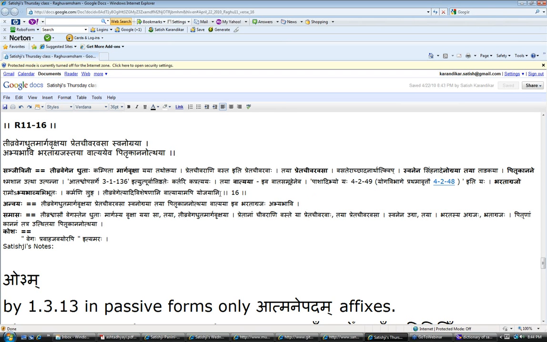So this says yojjani, it's also a typo. So these adjectives, this tivra vega, etc., should be connected also with the vatyaya. So this wind was also very intense, and it was shaking the trees on the way, and it was also carrying with it the rags from the corpses.